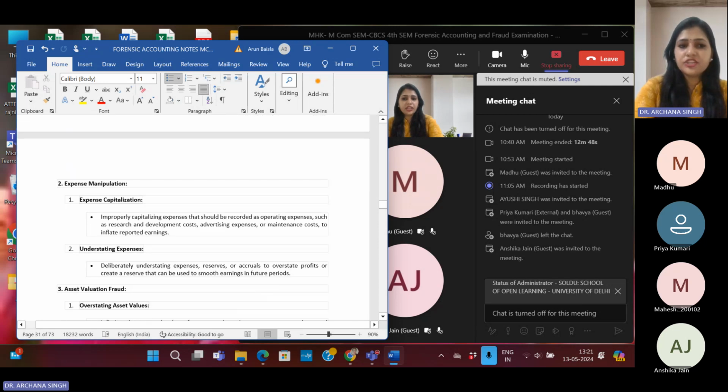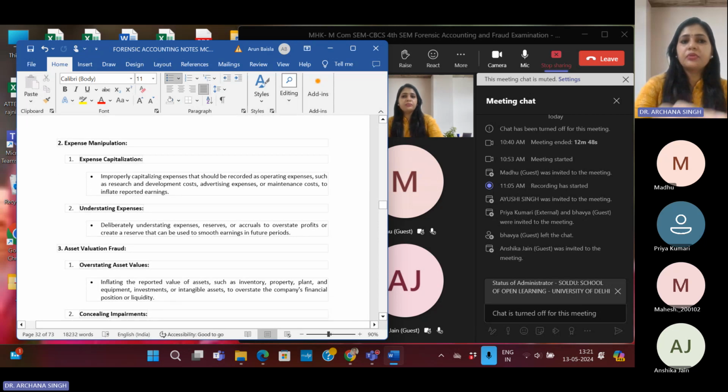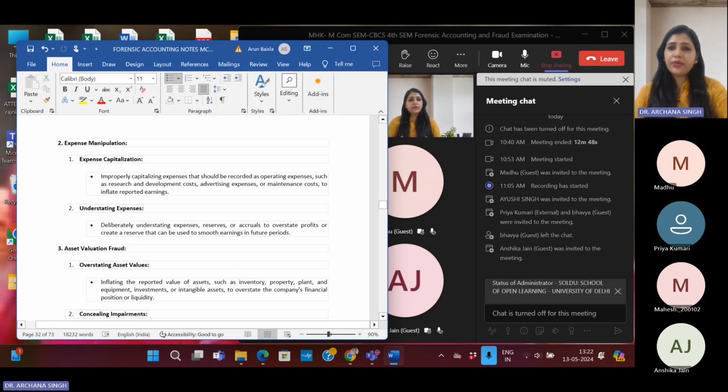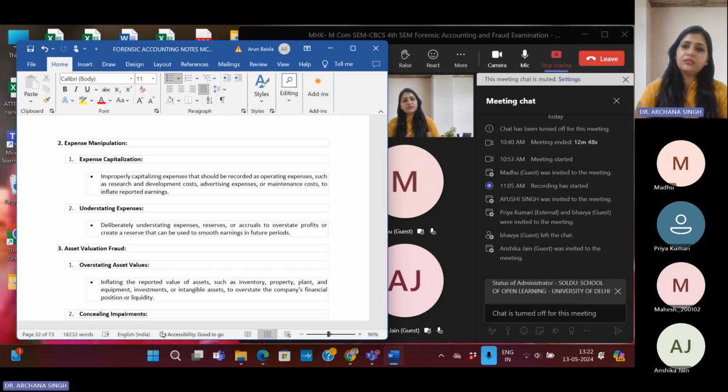Then expense manipulation may be there, where they improperly capitalize expenses that should be recorded as operating expenses, such as research and development costs, advertising expenses, or maintenance costs, to inflate the reported earnings.